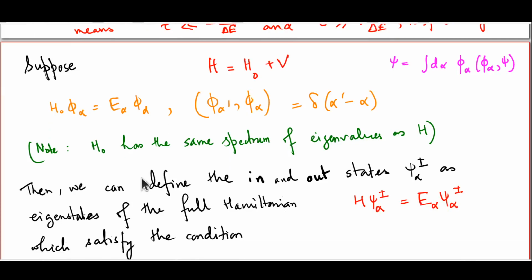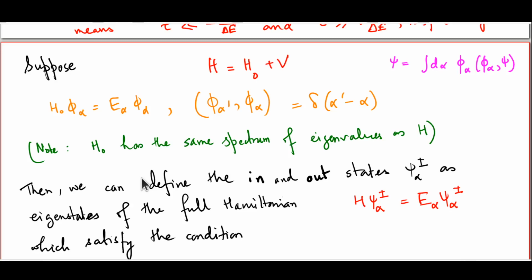Then we can define the in and out states psi alpha plus and minus, with labels alpha, as eigenstates of the full Hamiltonian H. That is, H acting on psi alpha plus or minus gives the energy eigenvalue E alpha times psi alpha plus or minus.